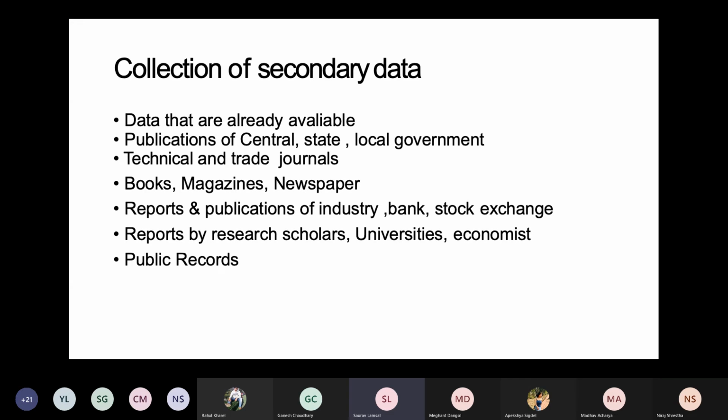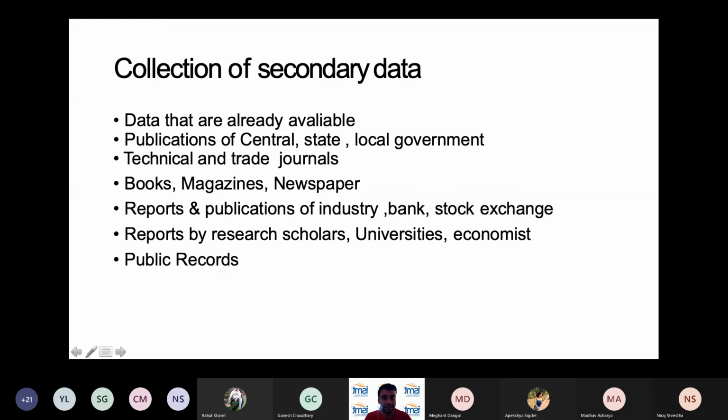Whatever authentic source it is, the data available from that source are called secondary sources. Based on your necessity, you can select the data, that is, which part of the data is necessary for your context, and you can choose it for your research.